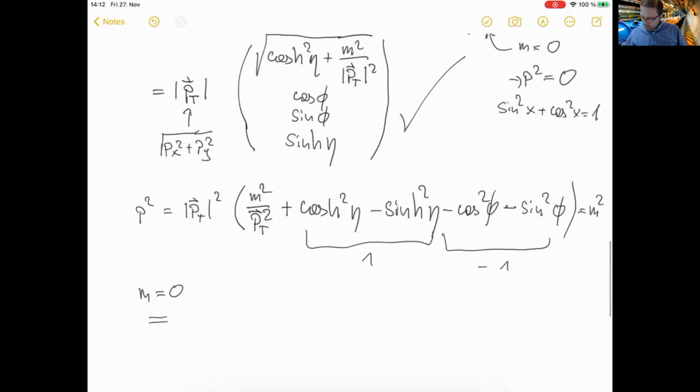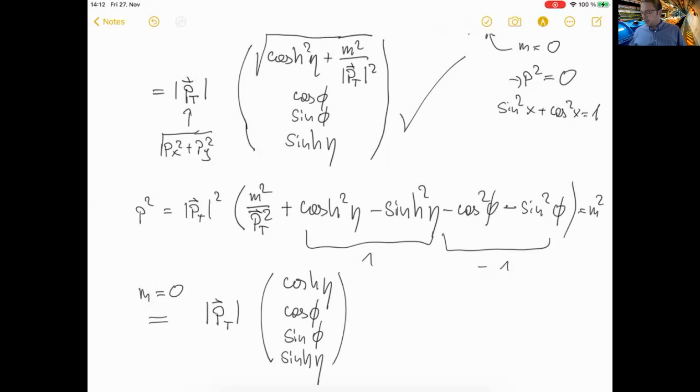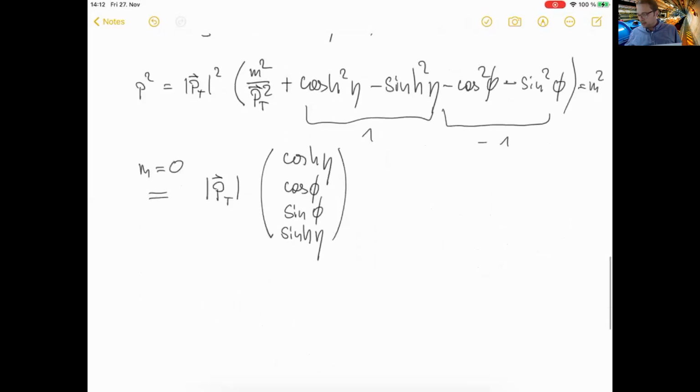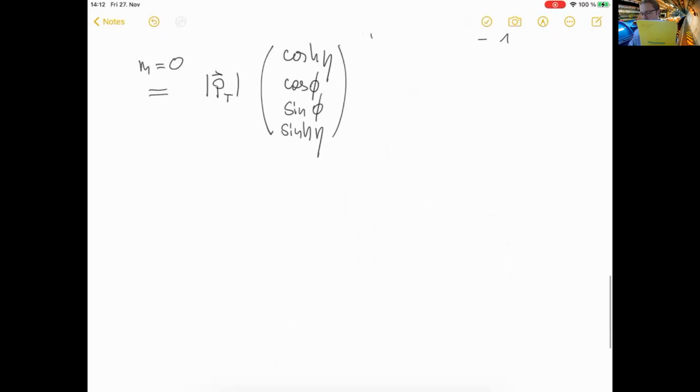If the mass of the particle is 0, we can still have the four momentum written outside, and it simplifies a little bit: cosine hyperbolicus eta, cosine phi, sine phi, sine hyperbolicus eta. Good, that's a simplified way of writing the four momentum, where the simplification is that the mass of the particle is 0.